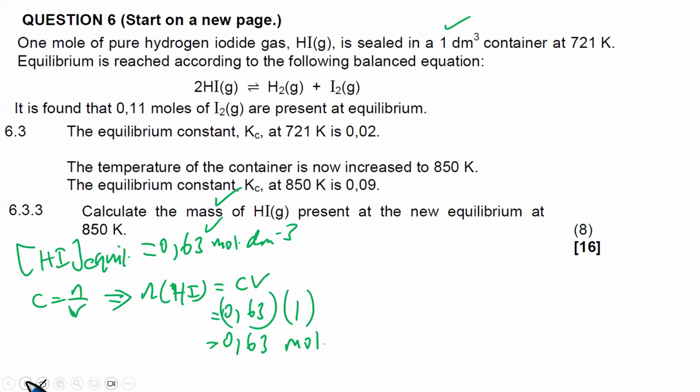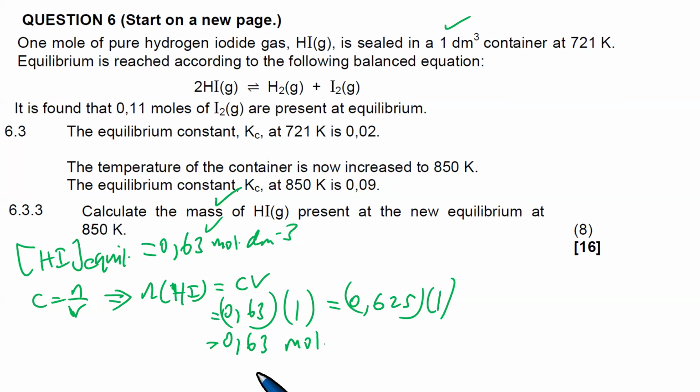So now you're gonna come here and also here, the more accurate answer would be 0.625 times 1, which is 0.63. But yeah, we have a rounded off result.